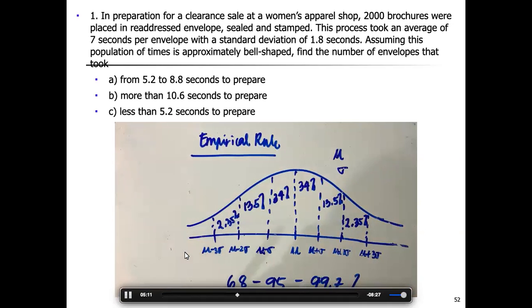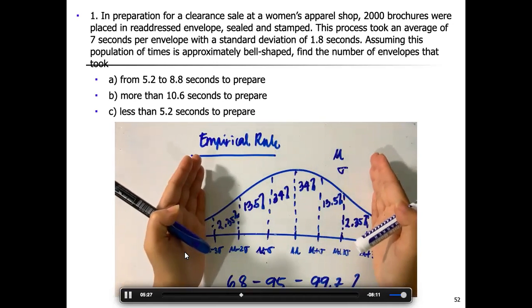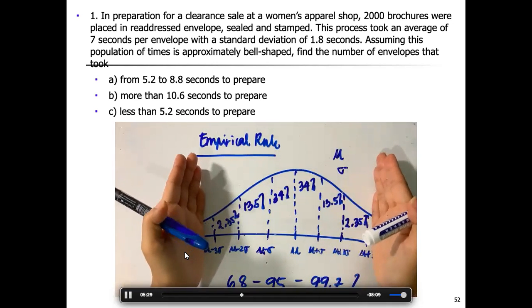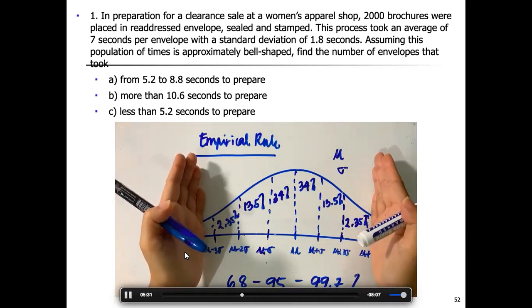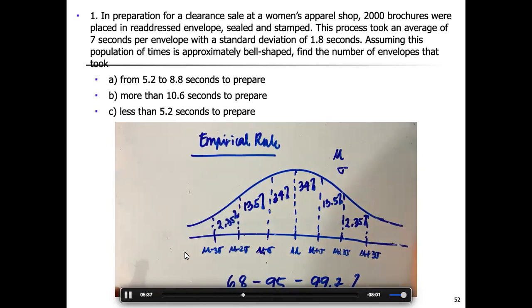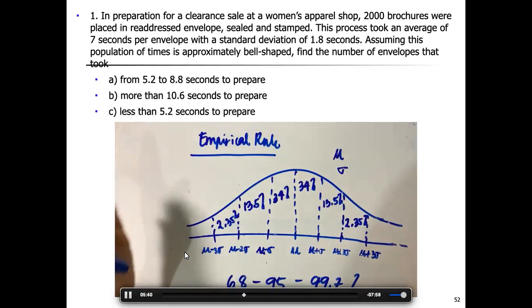Now, however, under the curve we assume that 100% of your distribution is found below this curve. That means the total under the curve should be equal to 100%. But found within 3 standard deviations above and below the mean is just 99.7%. That means we still have 0.3% found in this region and also in this region.